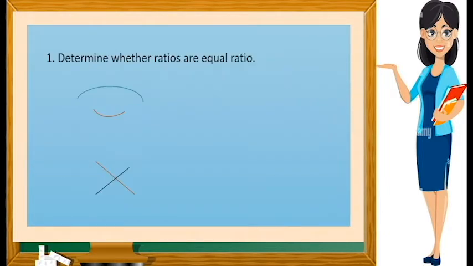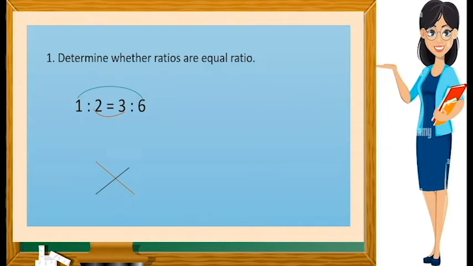Let's have illustrative examples. Determine whether ratios are equal ratios. 1 is to 2 as 3 is to 6.